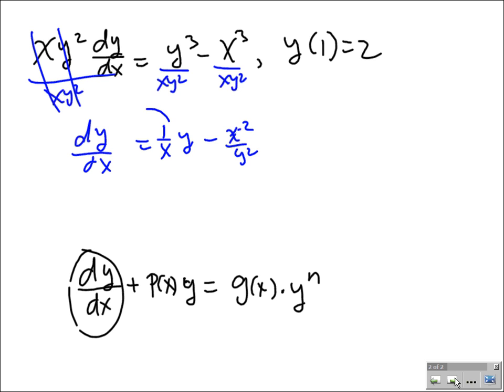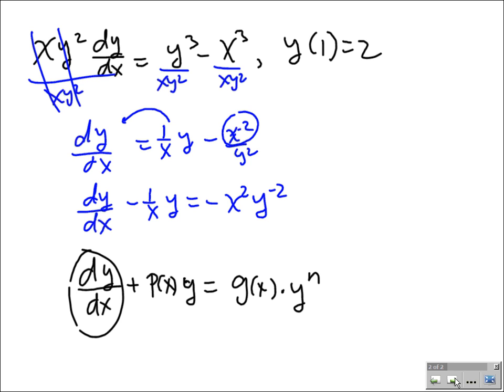Now, if I bring this over, we're in business. dy/dx minus 1 over x times y is equal to negative x squared times y to the negative 2.